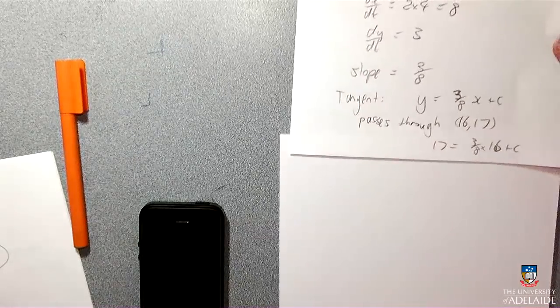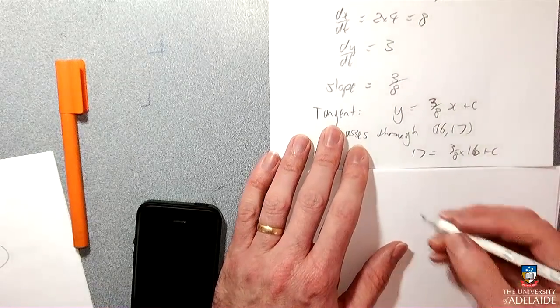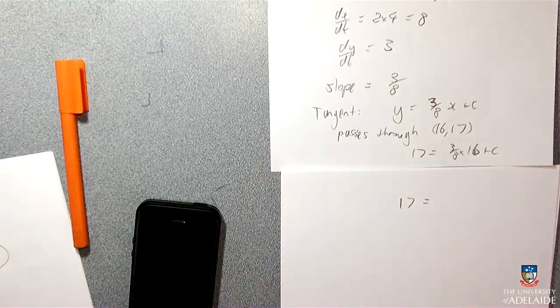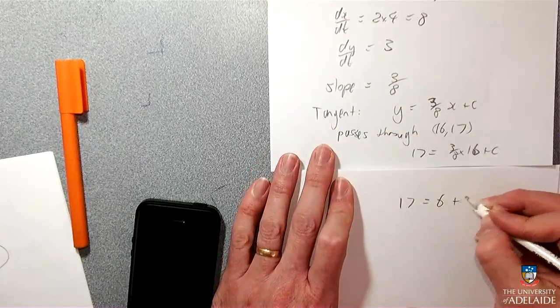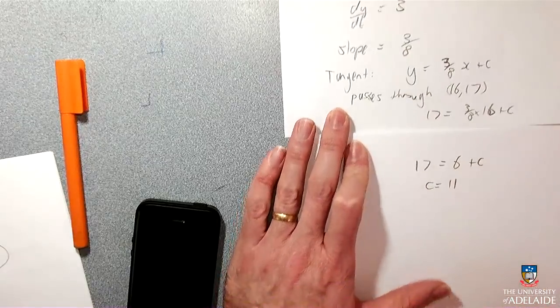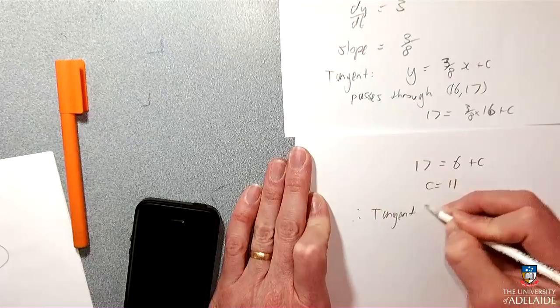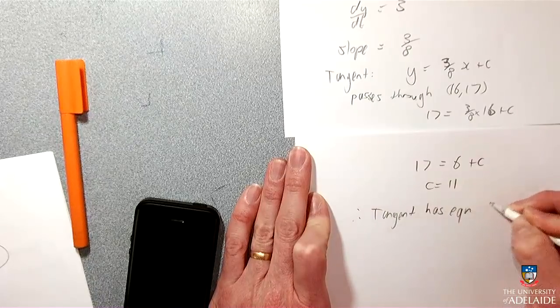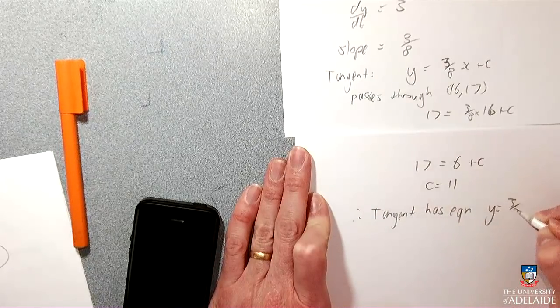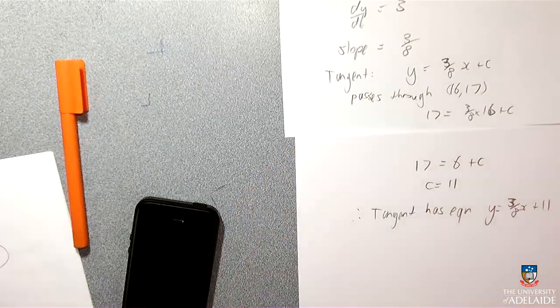I went just over the page. Well, an 8th of 16 would be 2. And so the c is 11. Therefore, the tangent has equation y equals 3/8 of x plus 11. Okay.